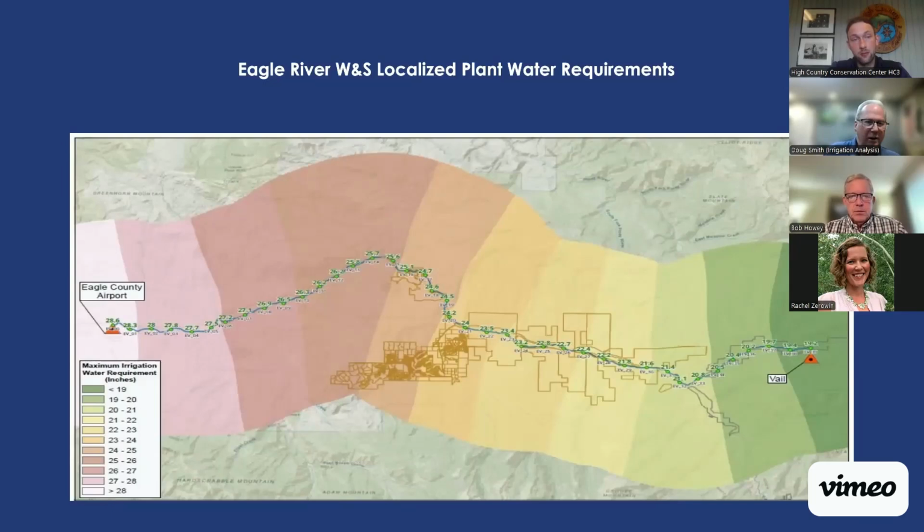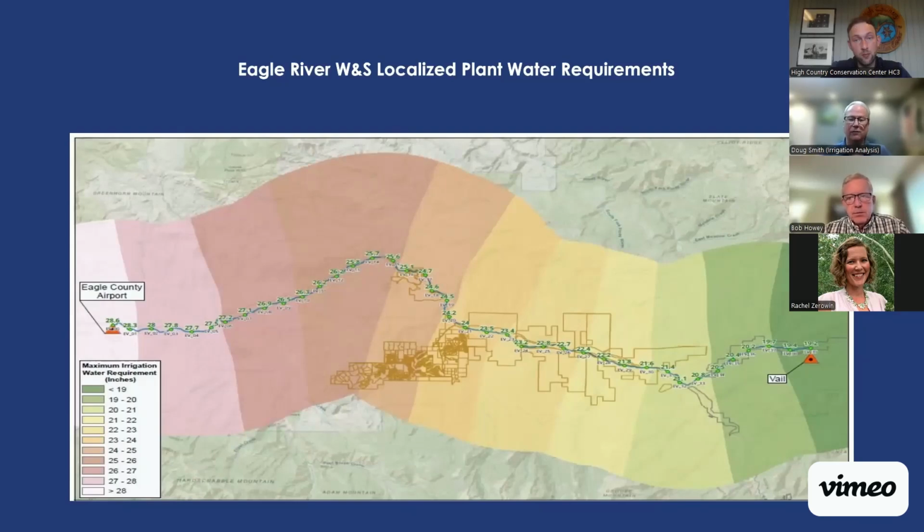If we get all the way over to Eagle, all of a sudden we're on the far western slope, and it's a lot hotter and so forth. But if you look at the amount of water it takes, it goes from 19 to over 28 inches of water a year. So just in that short area, there's a lot of different water use, or ET, I guess it would be.